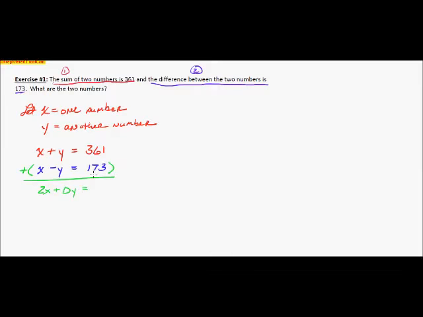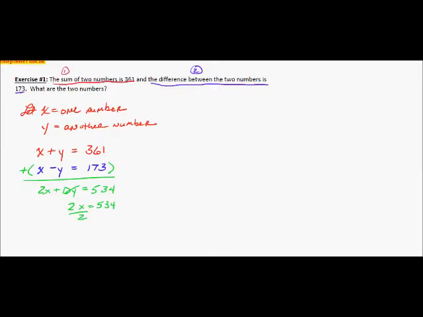And 361 and 173 gives me 534. So my whole equation, this 0y, here's my elimination, right? That 0y is eliminated. So I get 2x equals 534. And then now I have one equation and one unknown, so that's good.